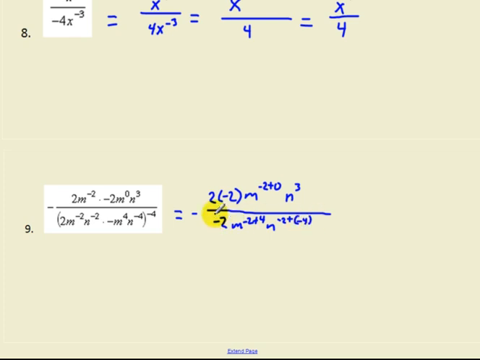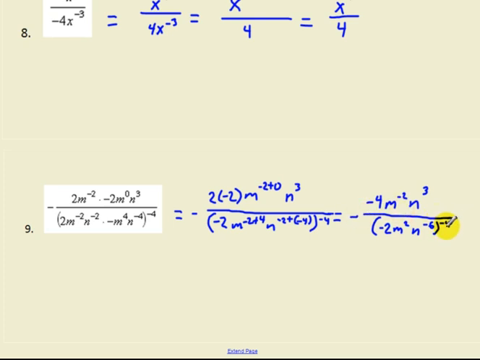Okay, now all of this is in parentheses raised to the negative 4th power. So this is equal to, we have a negative sign out front. This is negative 4 m to the negative 2 n cubed. And then in the denominator, we have negative 2 m to the positive 2, so m squared, n to the negative 6. And all of that is raised to the negative 4th power.